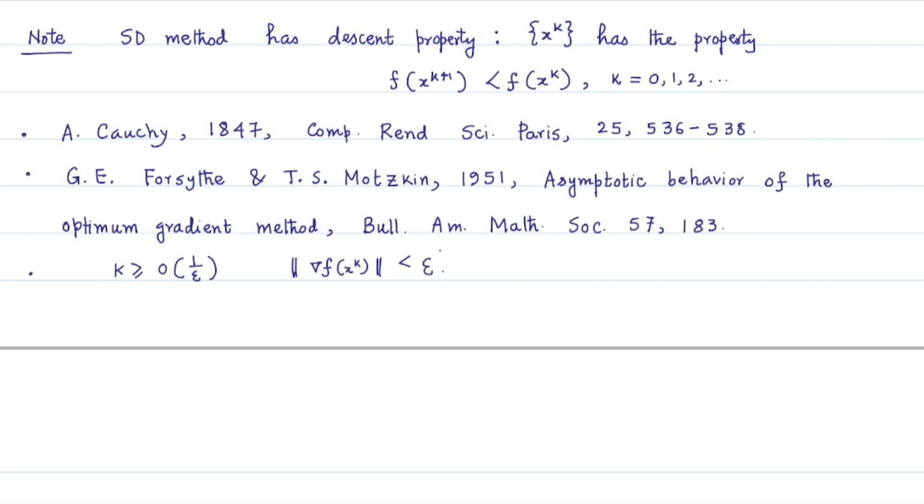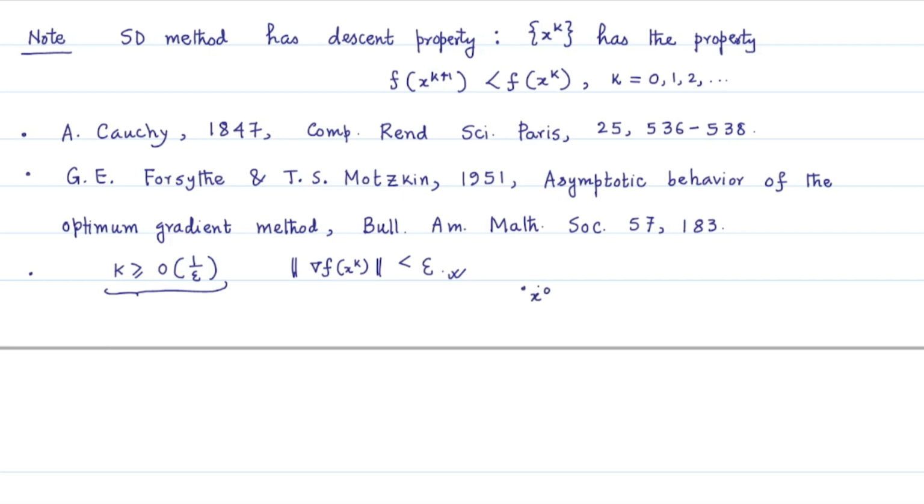You pass the value of epsilon, then readily you can identify exactly after how many steps you will reach a point xk for which this inequality is true. And most surprisingly, this inequality is true starting from any initial iterate point x naught.